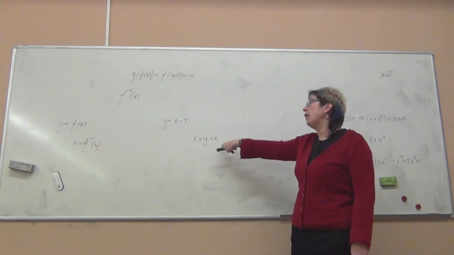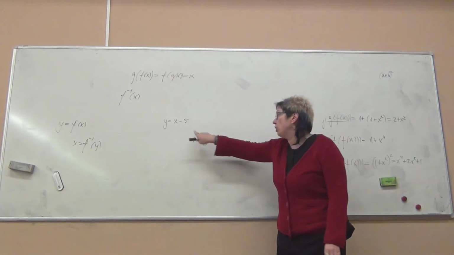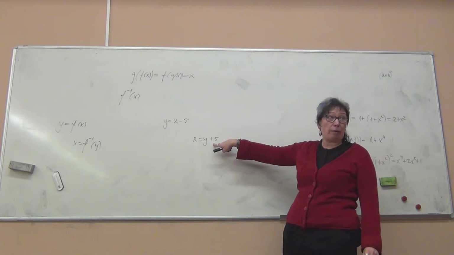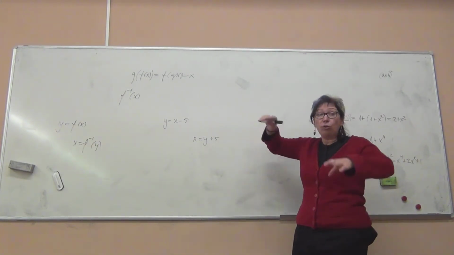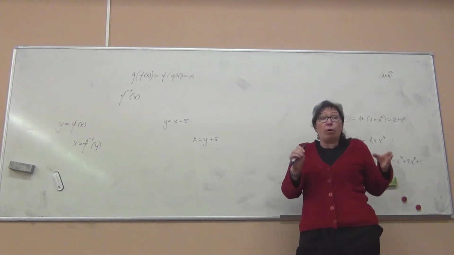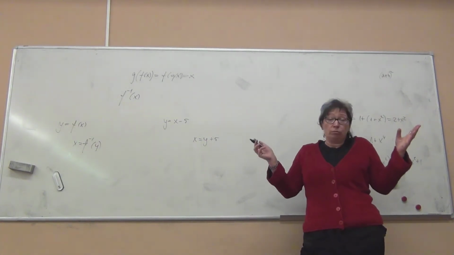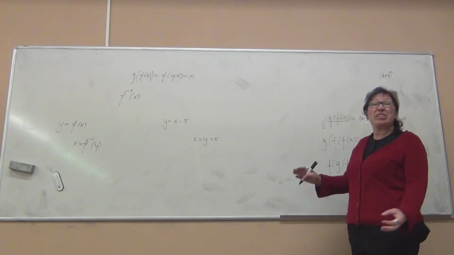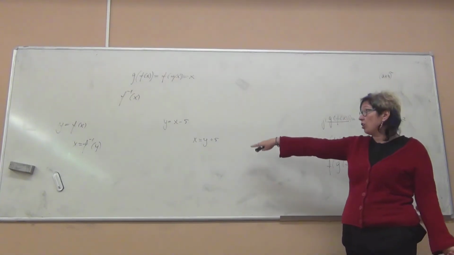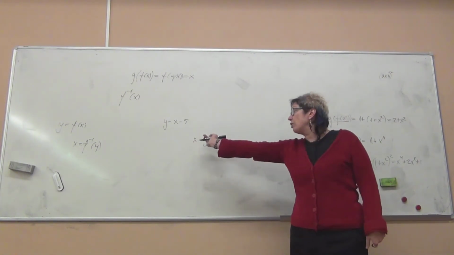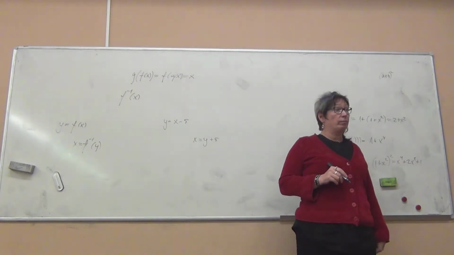It's the same relation. We simply wrote it differently, but it's exactly the same, the same t-shirt only turned inside out. And if you prefer to wear a t-shirt inside out, no problem. It's still the same. To make it into the inverse function, we do need to exchange x and y.